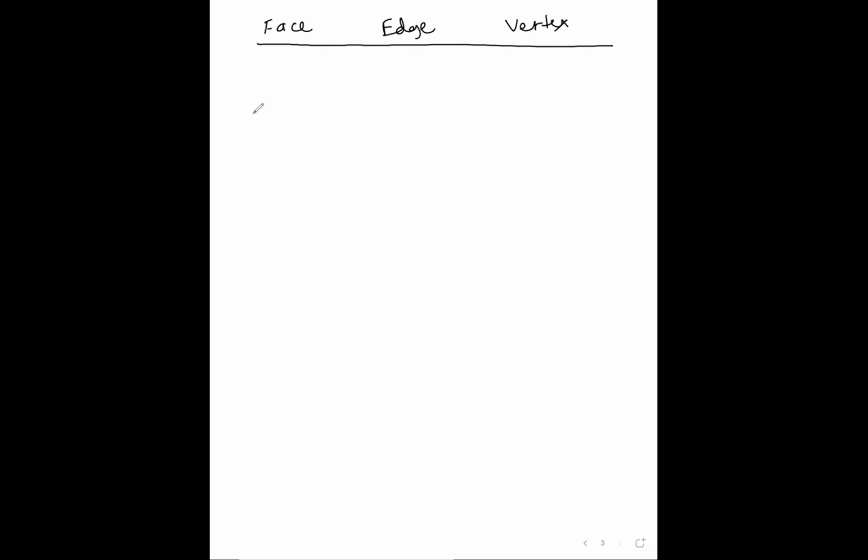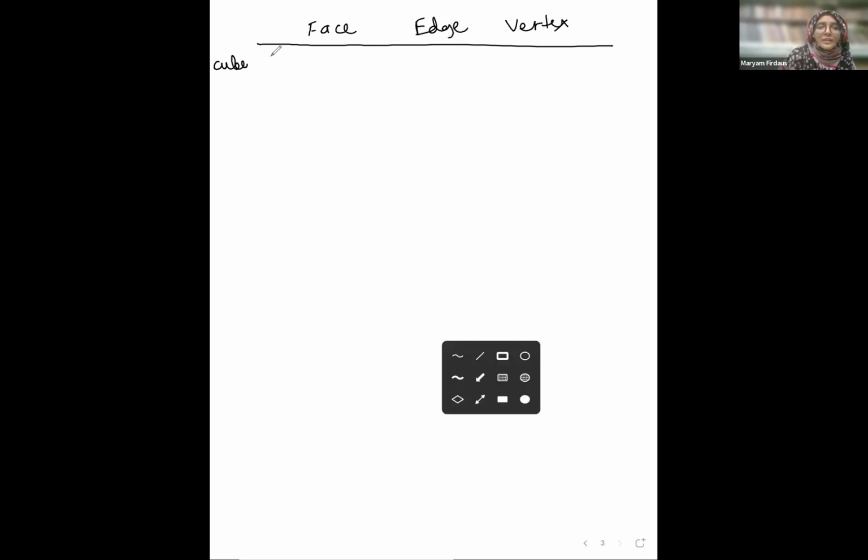The flat surface. Yes. Okay. So can you tell me how many faces does a cube have? Six faces. Okay. You're able to see what I've written, right? Yeah.